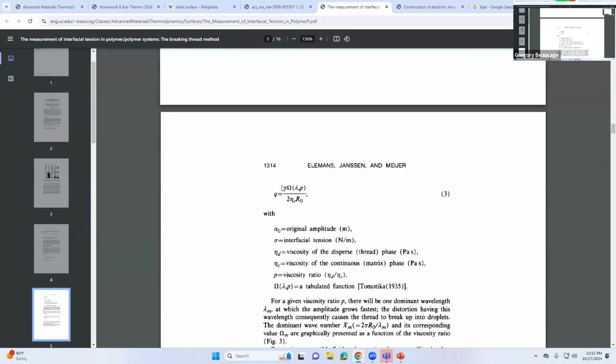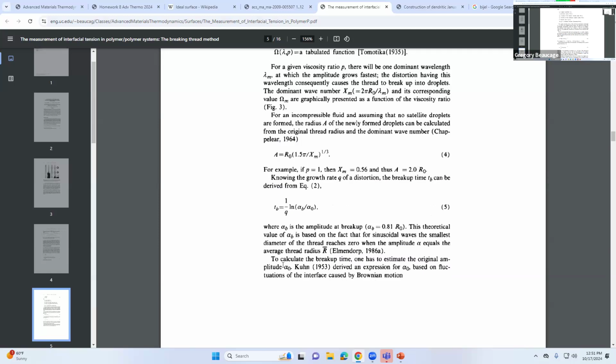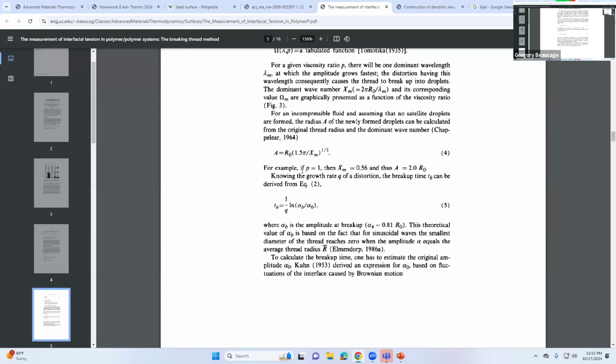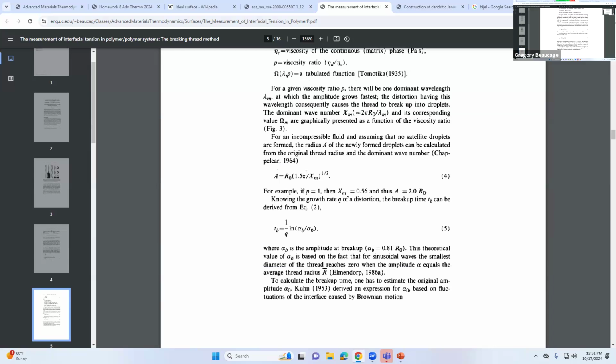And Q is the surface tension, and then an omega number that this paper calculates. So it's a tabulated function. Then the viscosity, it depends on the initial radius of the fiber that you put in it. So it's a pretty simple way to get the surface tension for a binary. It doesn't work for ternary, but you can get it for binary.